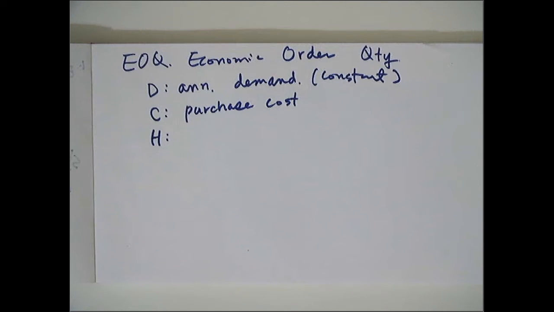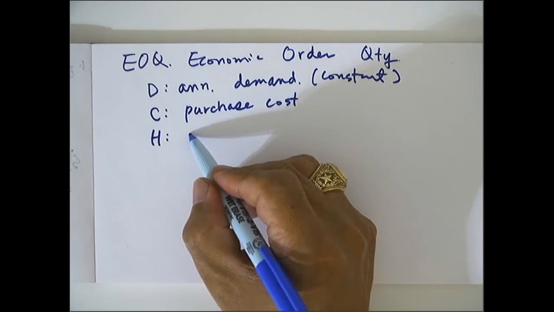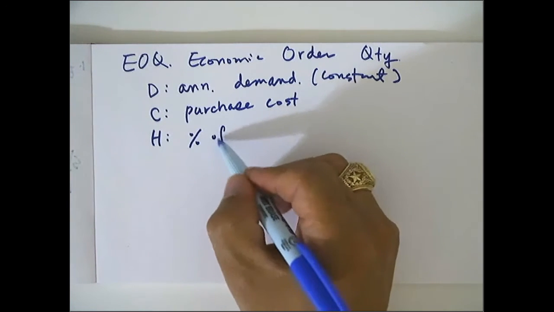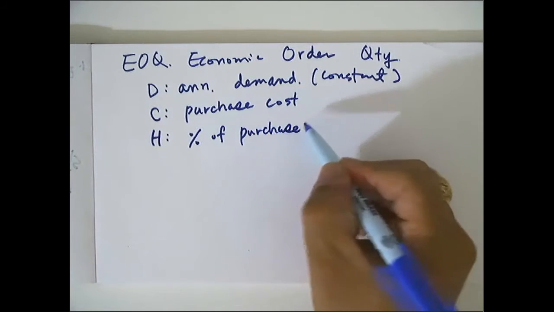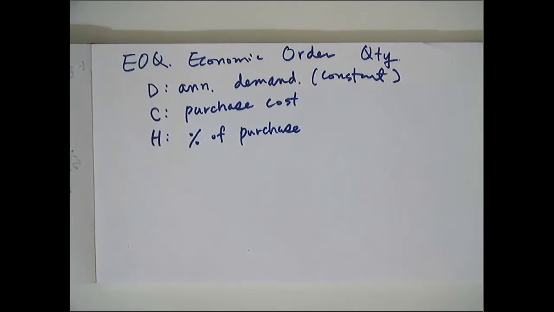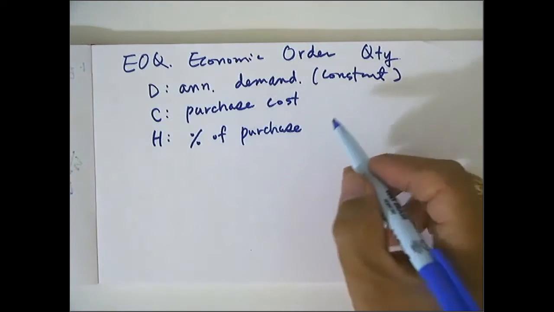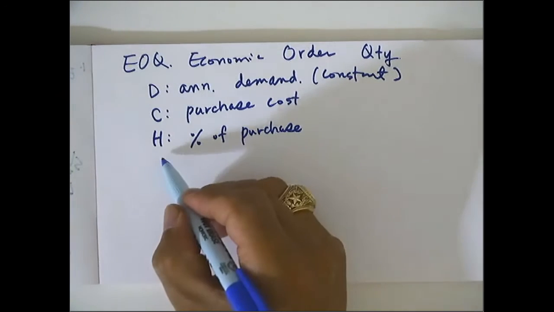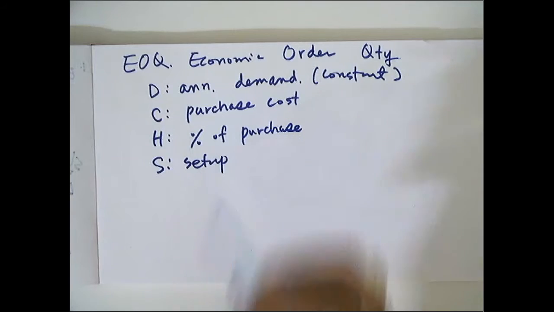Also, some money is tied up with inventory, so that's why we use holding cost. Typically, holding cost is some percentage of purchase cost. Then we compute this percentage of purchase cost into a dollar amount, and we have a setup cost, the individual setup cost.